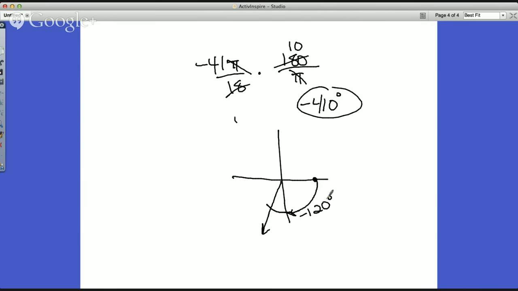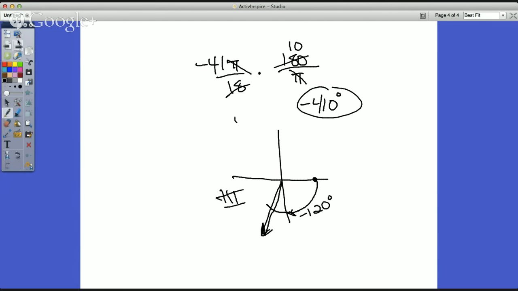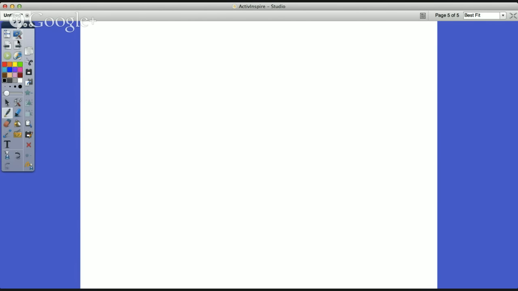So again, that's negative 30 past the axis in standard position, but then remember it'll go into quadrant 3, okay? All right. Man, we're already rolling. We're on number 7 and continuing forward.